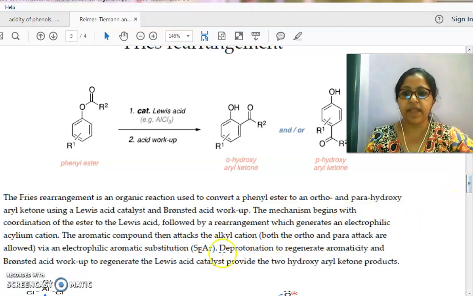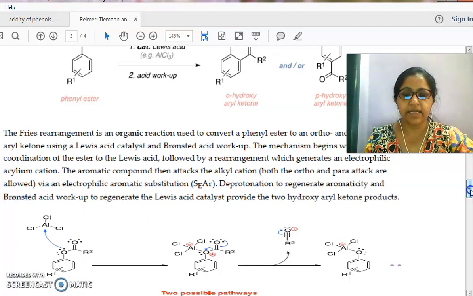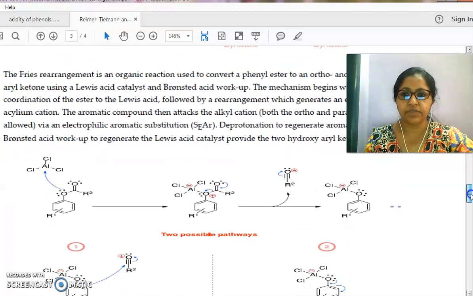What is the mechanism? The mechanism here is undergoing electrophilic aromatic substitution, which you have already done last day. So first of all, the lone pairs on oxygen. Now we will stop here. In the next video we will finish it.